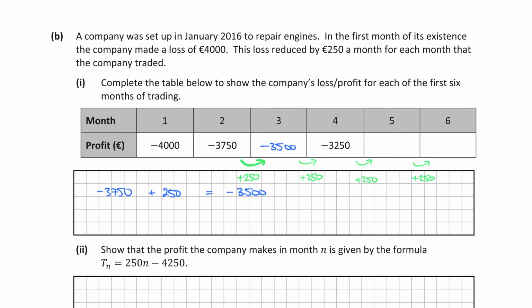Okay, for the next one, so for month 5, we'll take the month 4 figure, which is negative 3,250, and we'll add 250 to it, and that'll give us negative 3,000. Okay, so negative 3,000 for the 5th month. For the 6th month, it's going to be negative 3,000 plus 250.